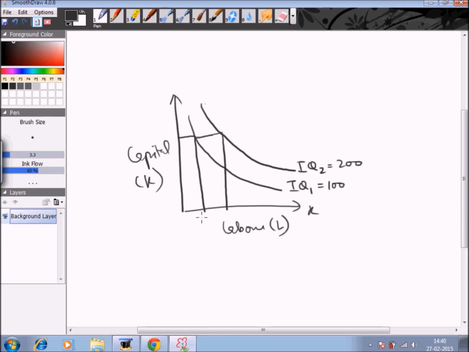We can see here, if I am using OL1 unit of labor, I am using OL2 unit of labor in the upper isoquant curve. So we can see that the upper isoquant curve will always denote higher units of output, because of one or the other factor of production we use more quantity as compared to the lower one. Lower isoquant curve represents lower units of production and upper isoquant curve represents higher units of production.